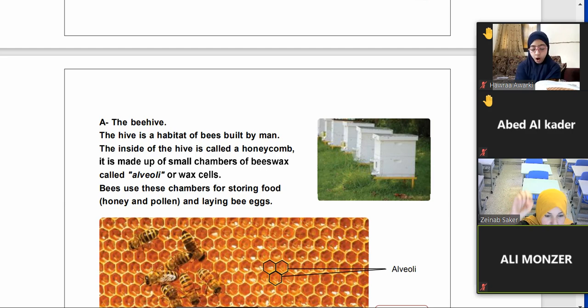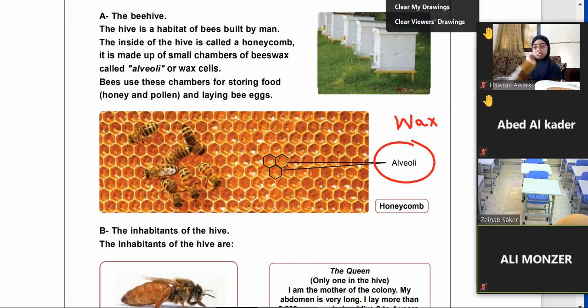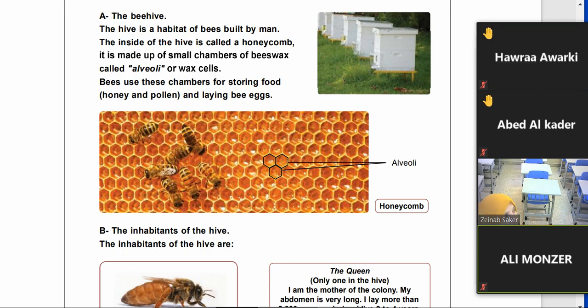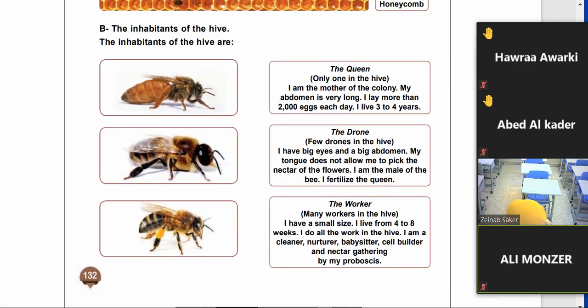This hive may include a honeycomb, which is made of small rooms or chambers of beeswax. These are called alveoli. Alveoli are the wax. Also in this hive we can find different kinds of bees. These kinds are the queen, the drones, and the workers.